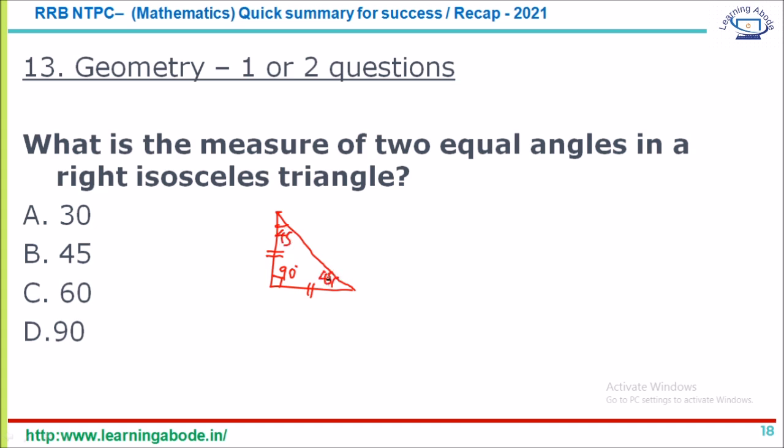So that's a right isosceles triangle. And what is the measure of the 2 equal angles? That's 45 and 45. That's answer option B, 45. That's the measure of each angle. The 2 equal angles, the measure is 45 degrees.